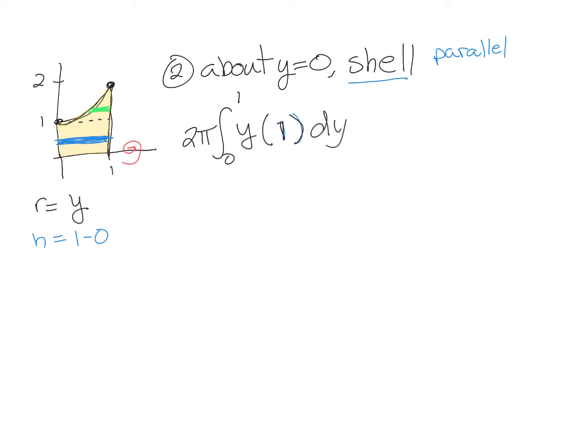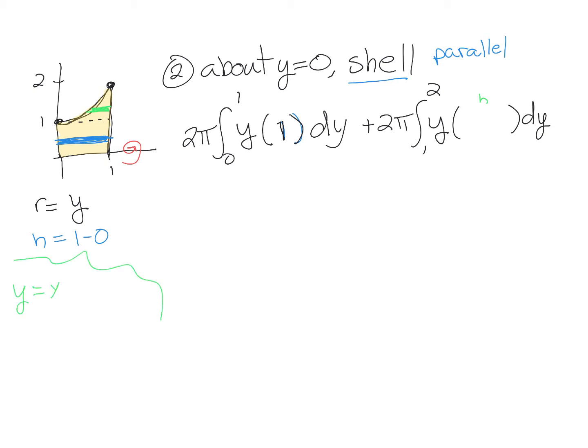Plus, now we're going to go from 1 to 2. The radius is still going to be the y value, and the height is going to be this side, 1 minus the curve, but we have to have the curve in terms of y.